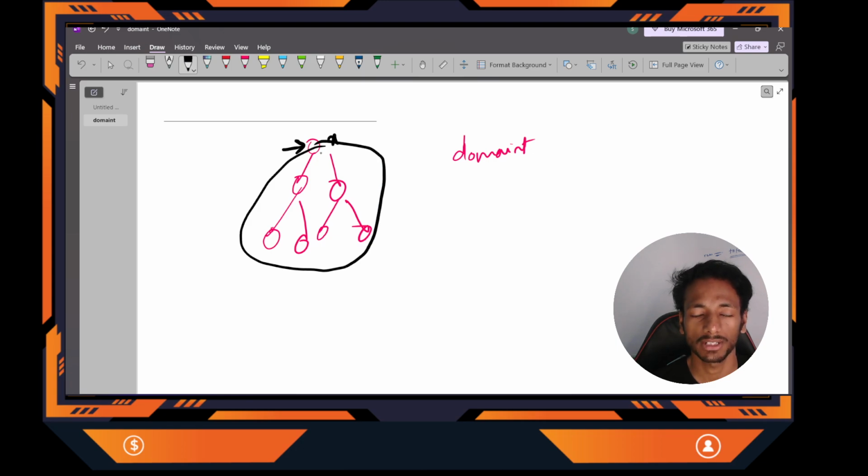Whatever number is present in this hierarchy as a parent node, this is the root node. Suppose this node has y, this is z, this is a, this is b, c, d.